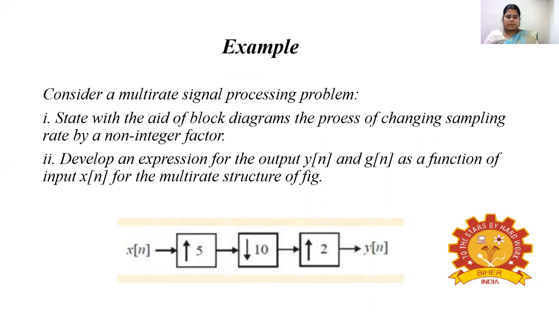This is the example. Consider a multi-rate signal processing problem. First, state with the help of a block diagram the process of changing a sampling rate by a non-integer factor. We need to develop an expression for the output y of n as a function of the input x of n for the multi-rate structure in the given figure.